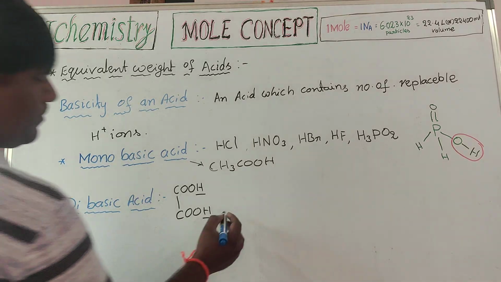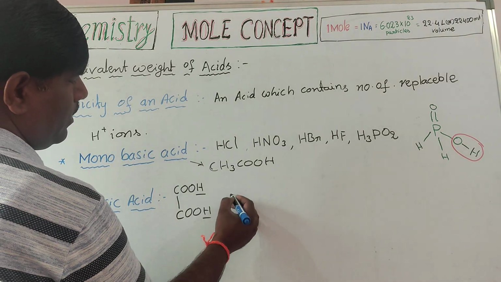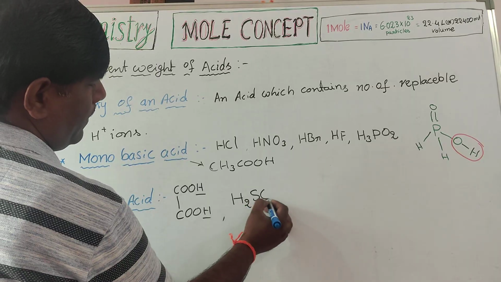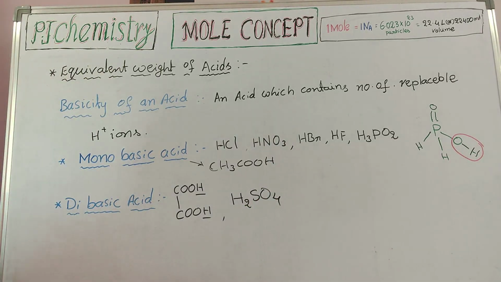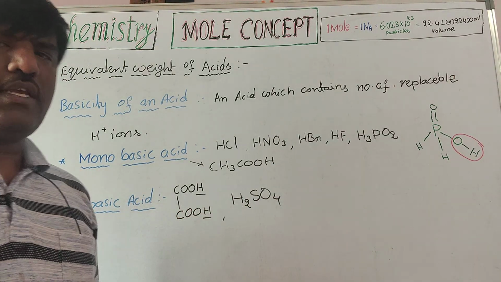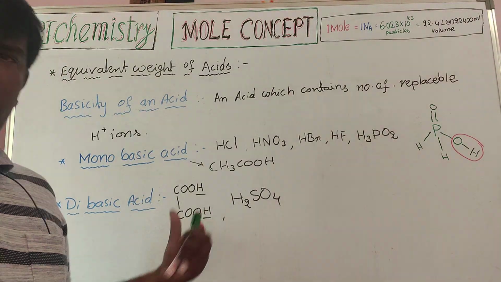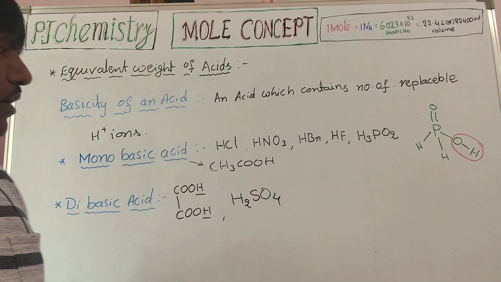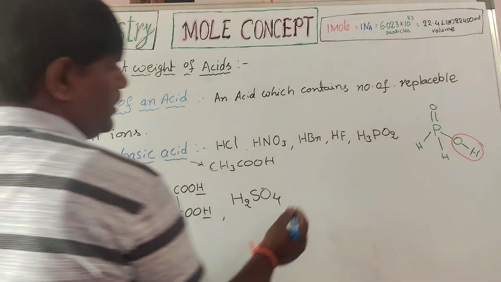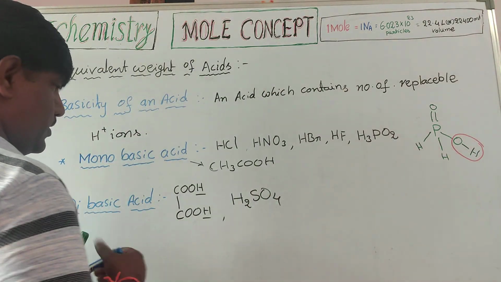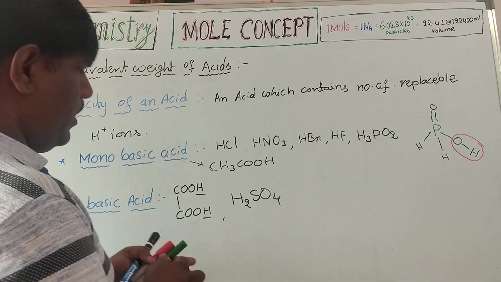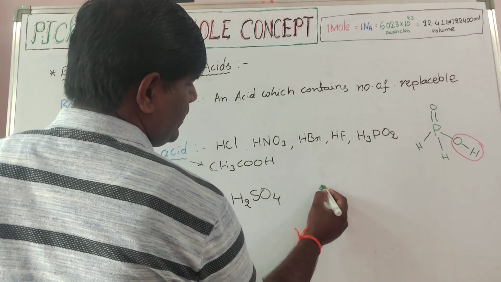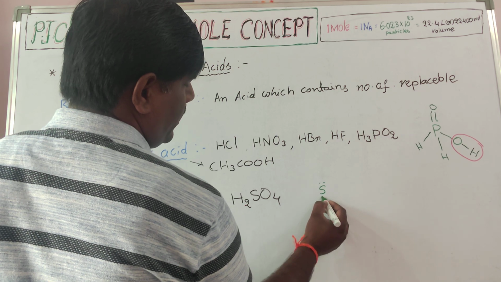Next, H2SO4. This sulfuric acid is also a dibasic acid, because two hydrogens are there directly, we can say. Or if we want to go through the structure, try to draw the structure. Sulfur has 6 valence electrons.